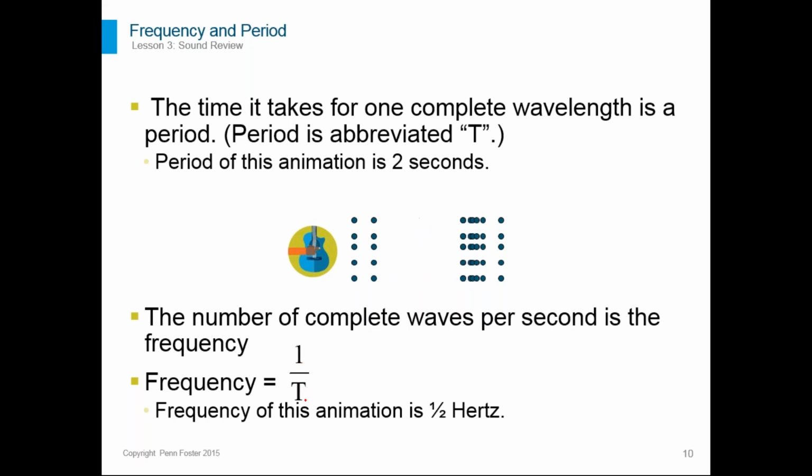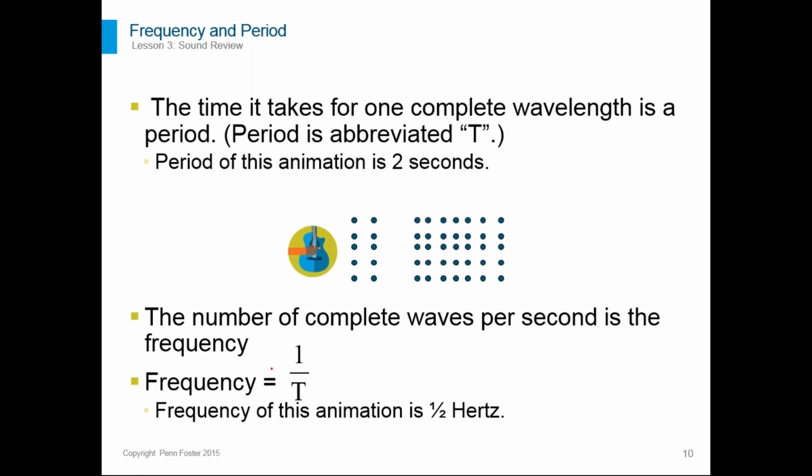So 1 over T. This animation we said was 2 seconds. That's its period. Okay? 2 Mississippis. So then to find the frequency, think about if it takes 2 seconds for one complete wave, how many waves do we get in only 1 second? Well, if it takes 2 seconds for one wave, you're only going to get half of a wave in 1 second.